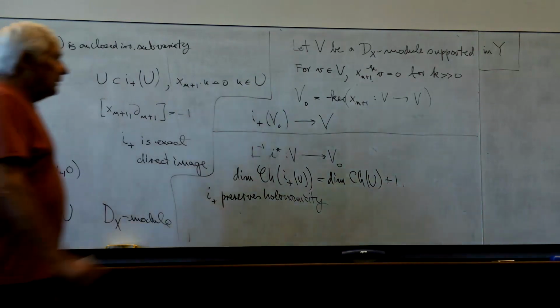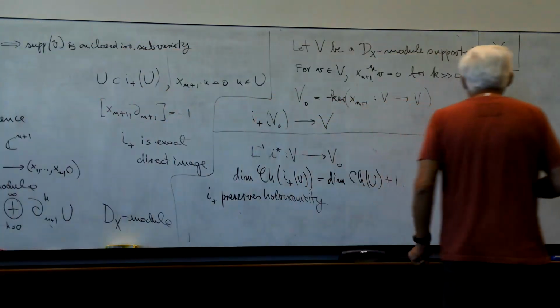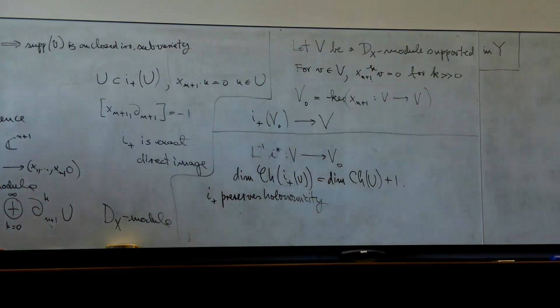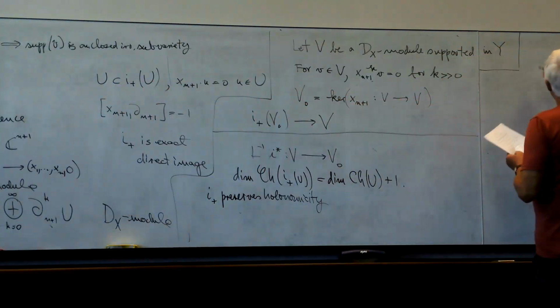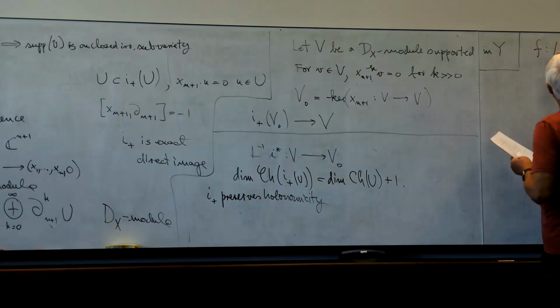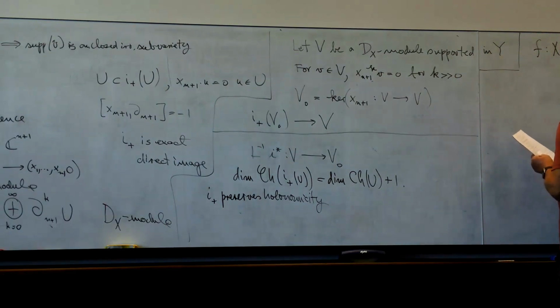Okay, so now we can go further. Let's consider f, a morphism of smooth varieties.